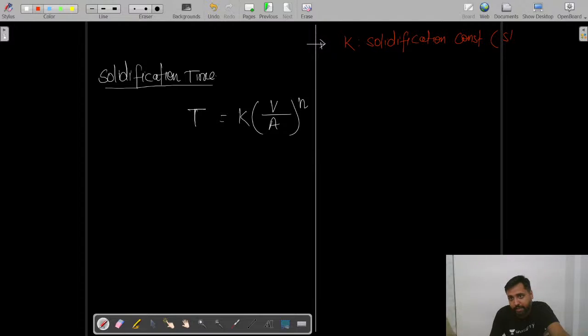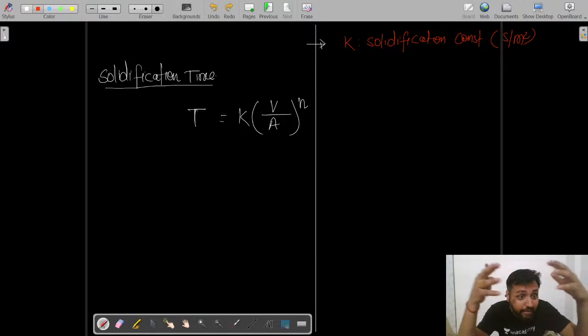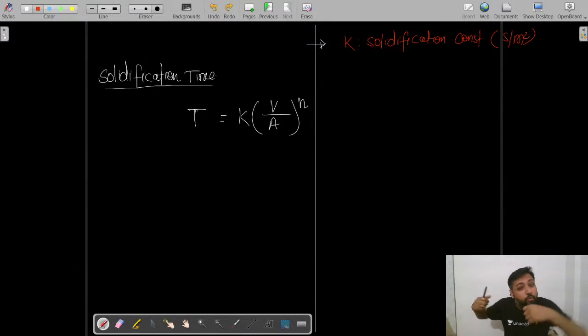Its unit will be seconds per meter square, and this K value will depend upon factors like the type of metal being cast, the type of sand mold that you are using, and the mold-metal reaction. How is the molten metal reacting with the sand mold? That is also one thing. So K depends upon several factors. What are the factors?